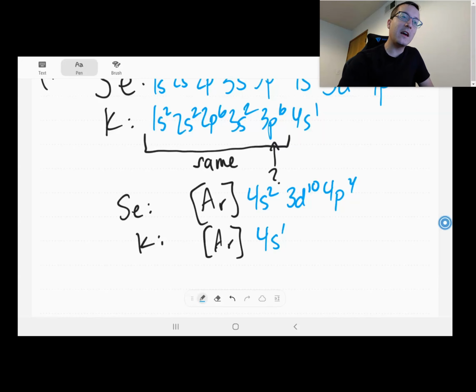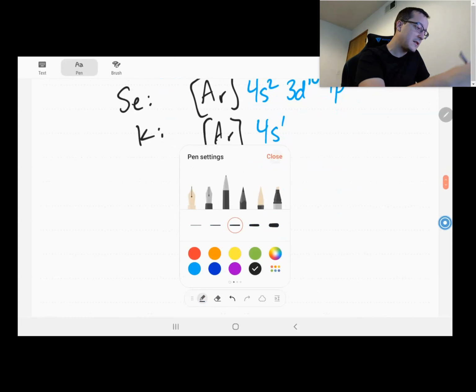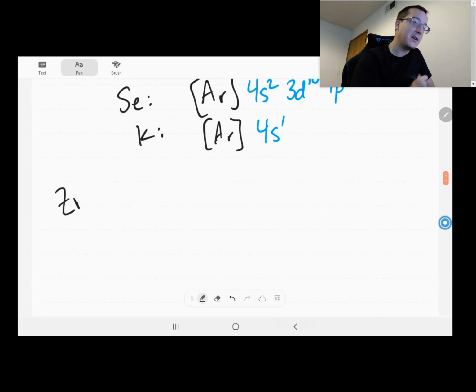Let me give you a tough one, okay? How about zirconium? And we can go ahead and use the noble gas one for this. Let's find zirconium. That's number 40.